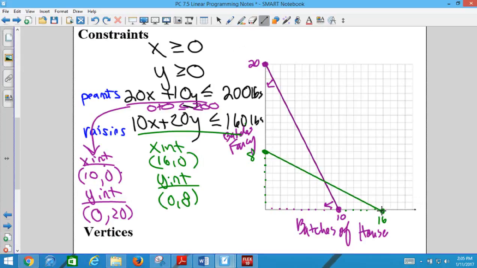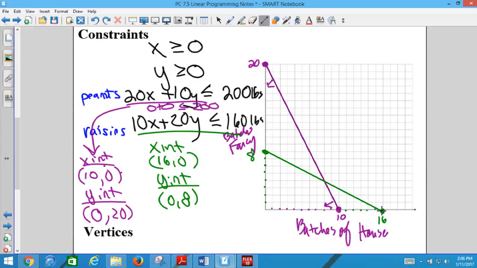I'm plugging in 0 for y, and then plugging in 0 for x to find my x and y intercepts. I think that's the most efficient way of graphing when it's in standard form. And you can certainly change the form to y equals mx plus c and graph it that way, but that would take longer.